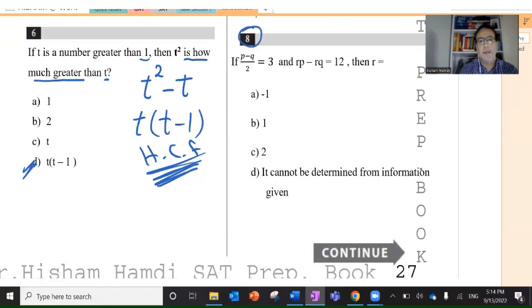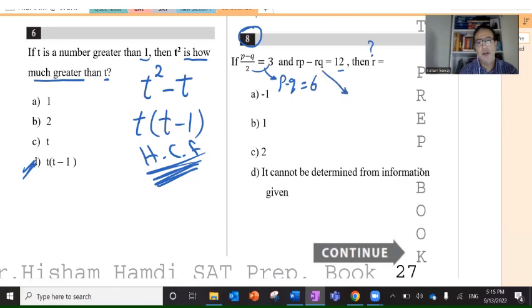Number 8, p minus q over 2 is equal to 3, and rp minus rq is equal to 12. Then what is the value of r? Look carefully here. You will find that you can cross multiply between 2 and 3. So p minus q is equal to 2 by 3, which is equal to 6.